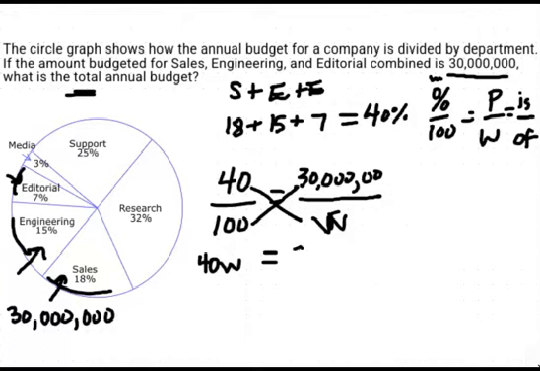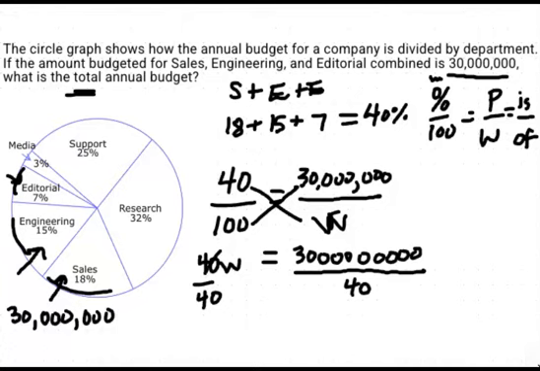So I'm going to have 30,000,000, I forgot a zero, and I'm going to add 2 more zeros. And then I'm solving for W, so I need to divide by 40. Divide this number here by 40. We're going to have a nice giant number. Cross you out and cross you out.